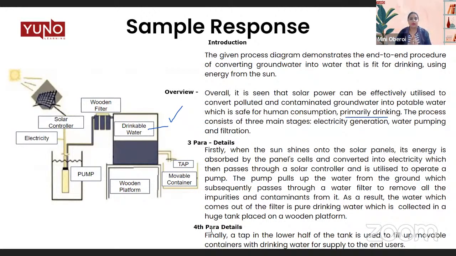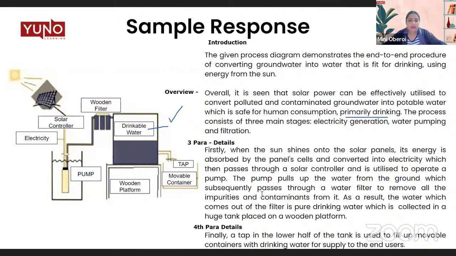So I hope this visual input is clear, and this is a simple strategy which we need to follow for any type of visual input that is given to us, of course, a diagram which is depicting a process, right? If this diagram had a few more steps, I may write a fifth paragraph also. That will be fine, right?